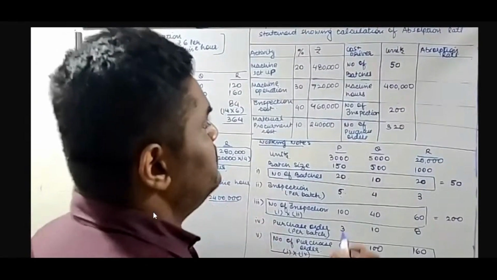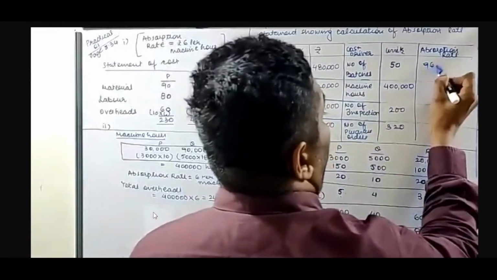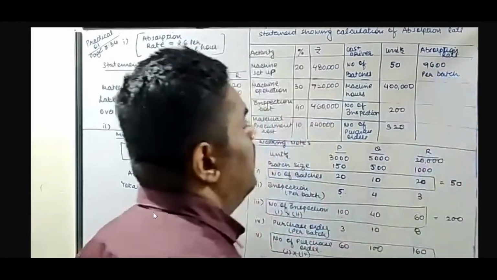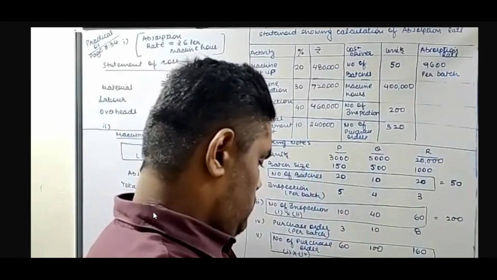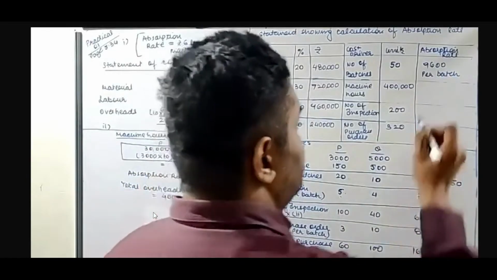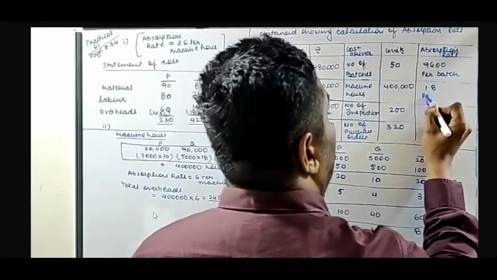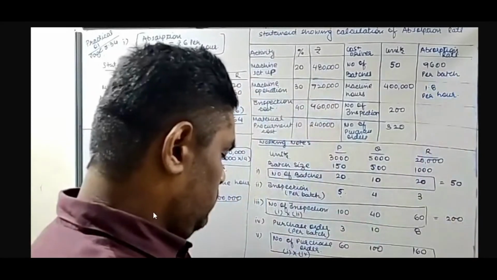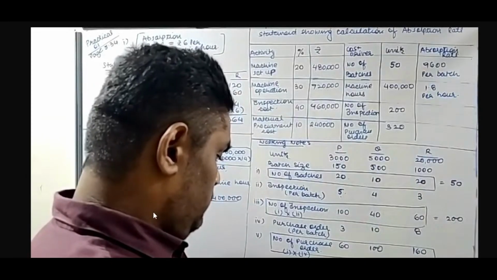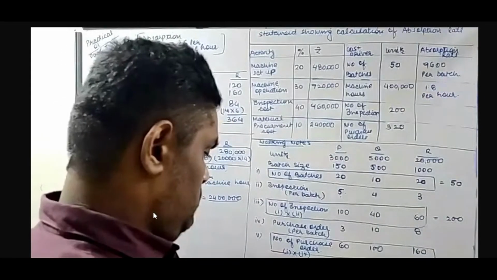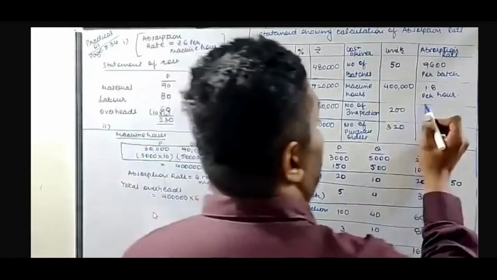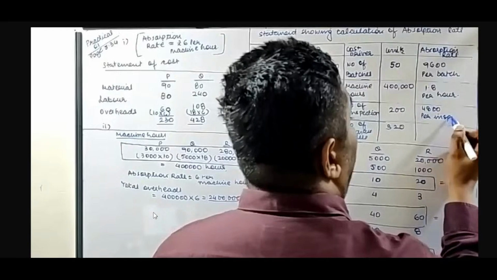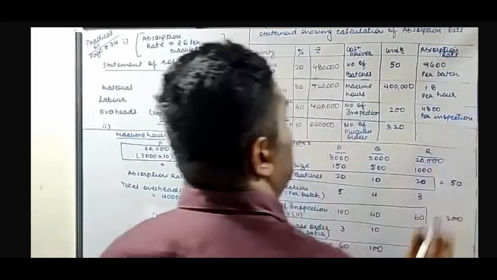So this will be 9,600 per batch. This will be 1.8 per hour. $4,800 per inspection.